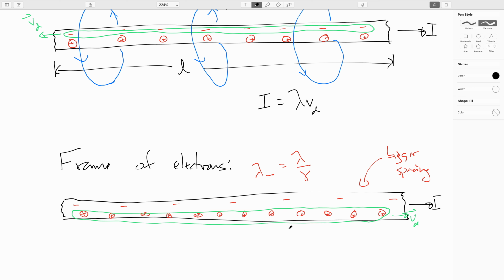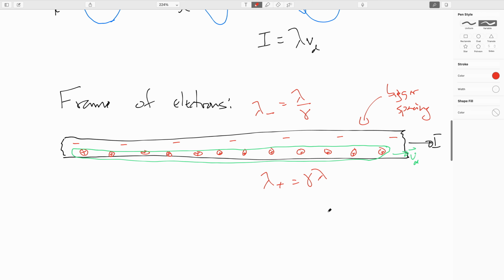So the spacing between the protons will be what it was before over gamma. That means the protons in the frame of the electrons will be more closely spaced. So we'll call it lambda plus, the linear density we had before times gamma. Now what does this mean?